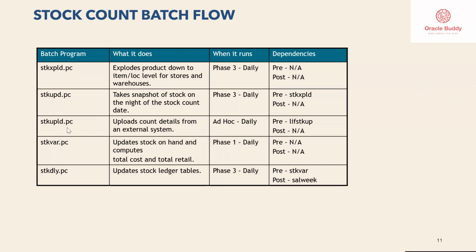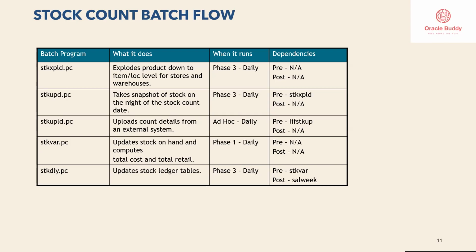STKUPLD uploads stock count details from an external system. From the external system, we may get an XML or flat file, which will get processed by STKUPLD.pc. STKVAR updates stock on hand and computes the total cost and total retail. So it will basically check for the variance in units.